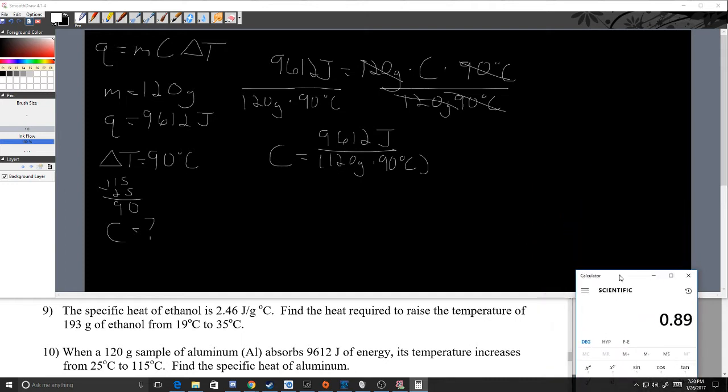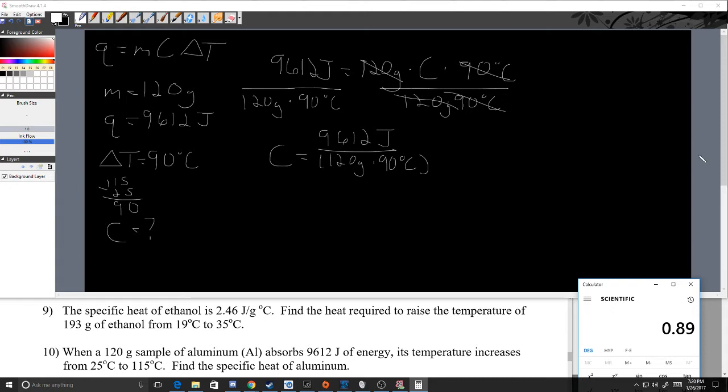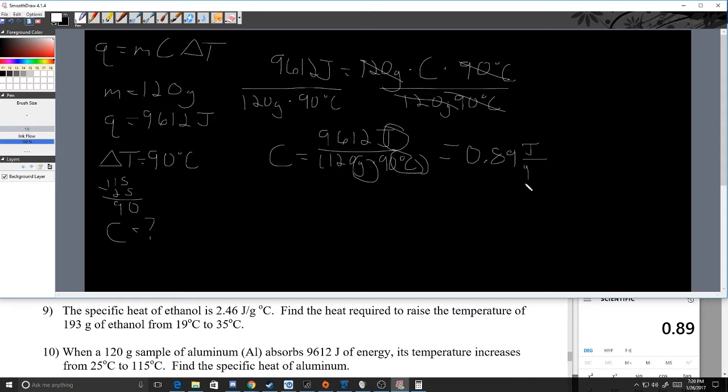All right, bring that down there. So my answer here, the specific heat of aluminum, 0.89, and once again, joules per gram, degrees Celsius. All right, so that's the specific heat for aluminum in this question.